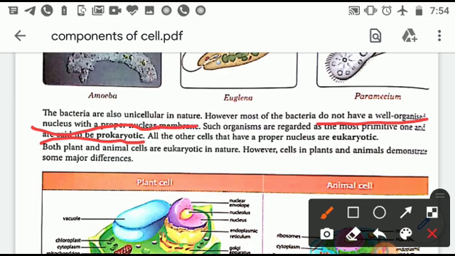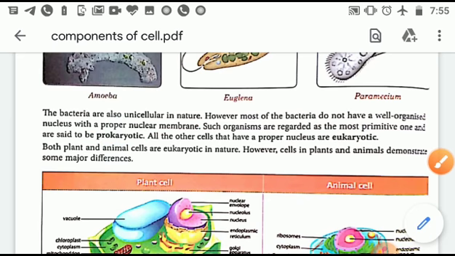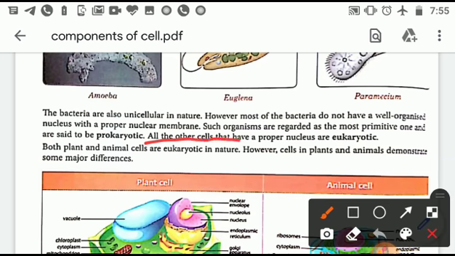Examples are bacteria and blue-green algae. All the other cells have a proper nucleus and are called eukaryotic. All the cells of plants and animals are eukaryotic in nature.